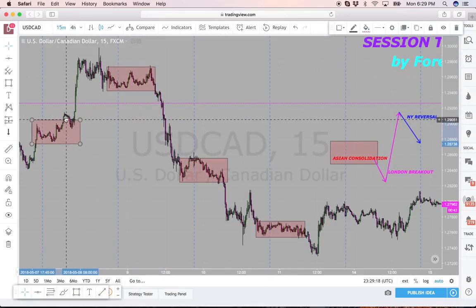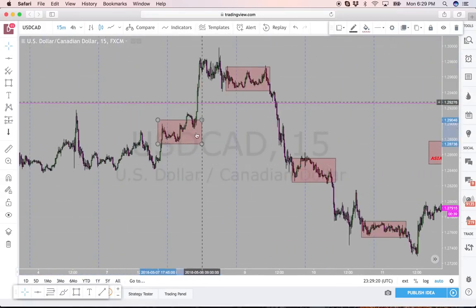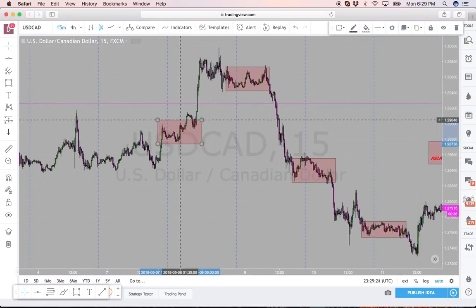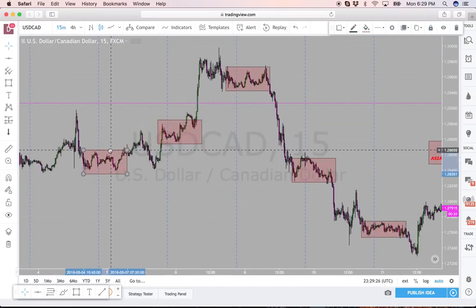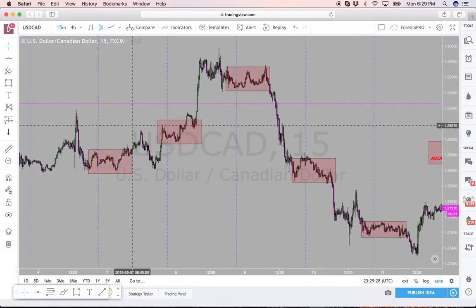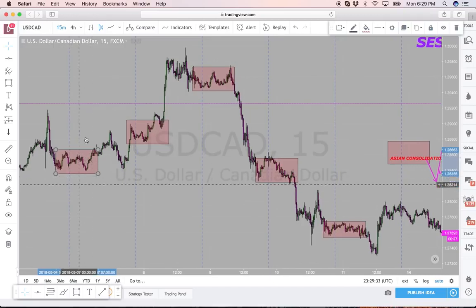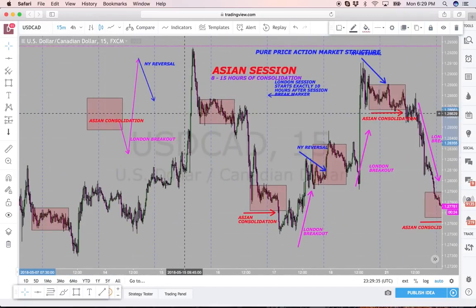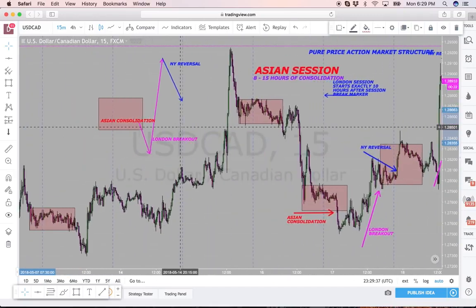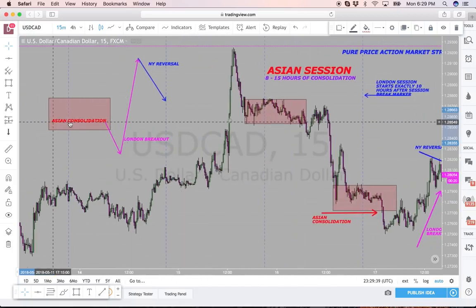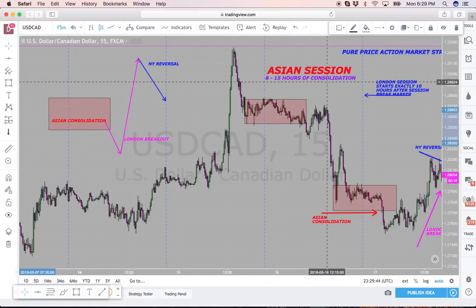And notice where I'm putting it as well. Sometimes it's not perfect like this, but a lot of times it will be. You'll be very shocked at how market structure plays out, how repetitive it is. So we have Asian session consolidation. It lasts 8 to 15 hours.